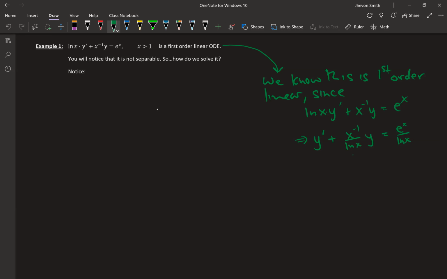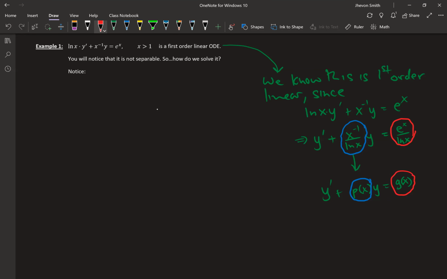And you'll notice that this has the form y prime plus p of x y equals g of x. The guy that represents the p would be here. That's my p. And the guy that represents the g would be here. That's g.